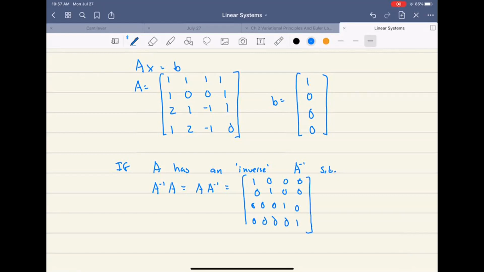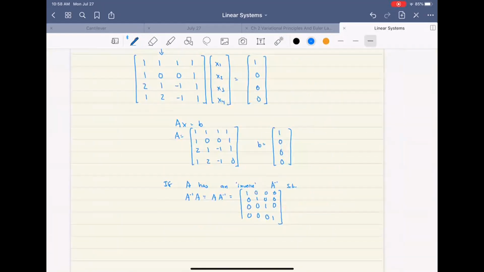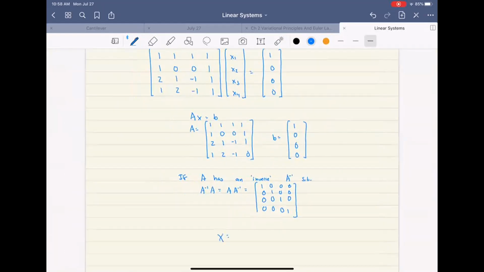There we go, there's our identity. If A does have an inverse, then we can say x equals A inverse b. Okay, so let's do that with this problem.